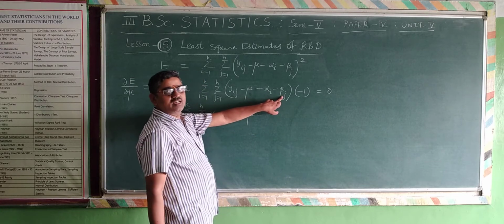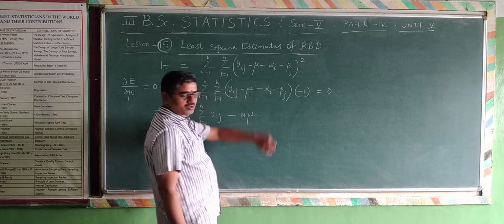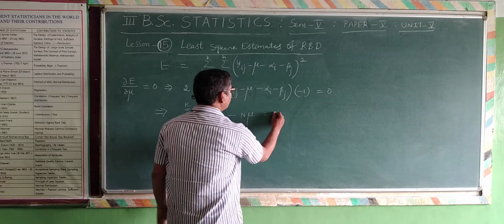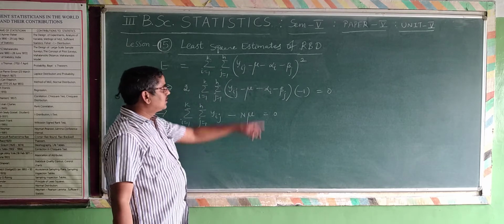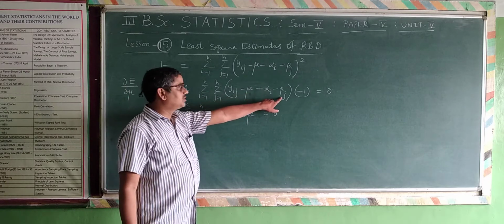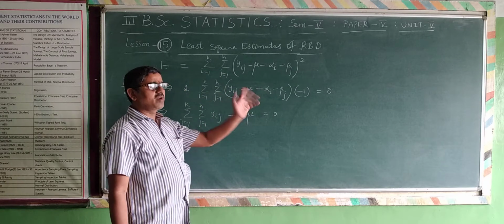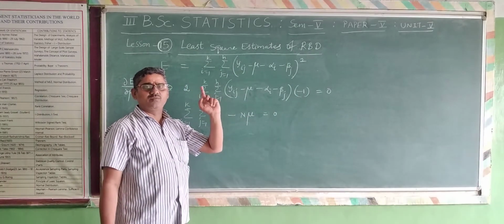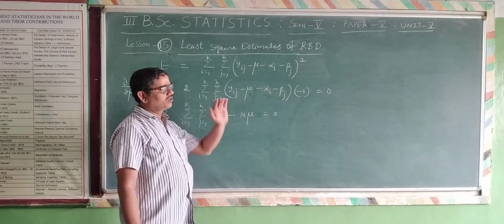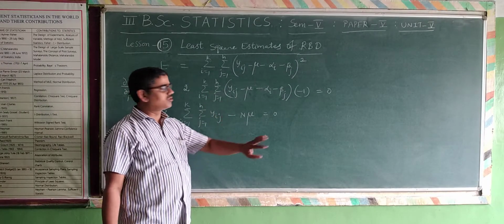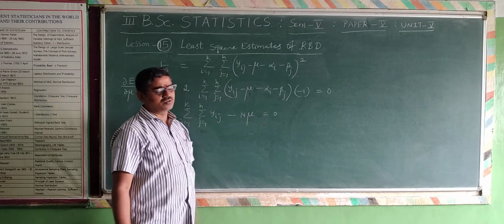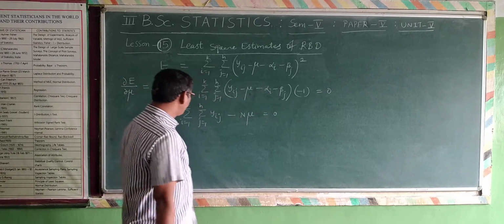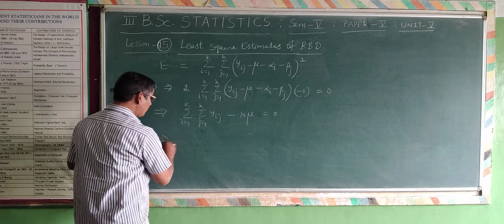Summation j beta j is also 0, therefore this term is 0. Do you understand? Summation i alpha i is 0, summation j beta j is 0. Of course, the remaining is constant. Alpha i is constant with respect to summation j. So leave summation j. Summation i alpha i is 0. Similarly, summation j beta j is 0. So therefore the second, third, and fourth terms are 0. And this is the value we have, and we have to calculate mu.